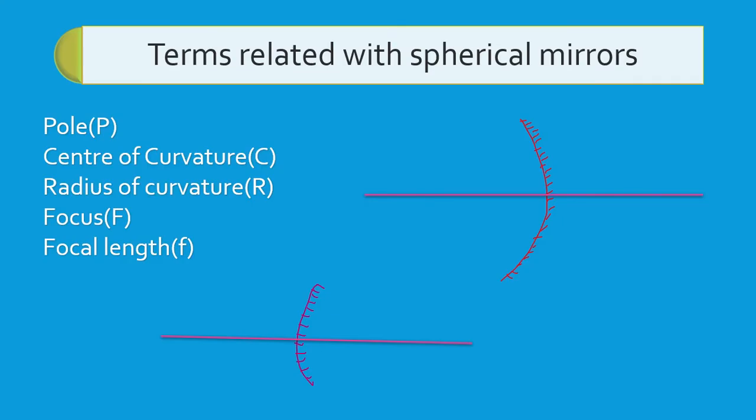Now, coming to the terminology related to spherical mirrors. Every spherical mirror has a geometrical center. That geometrical center is called the pole of the mirror. Very important. We know that these mirrors are cut from a sphere.